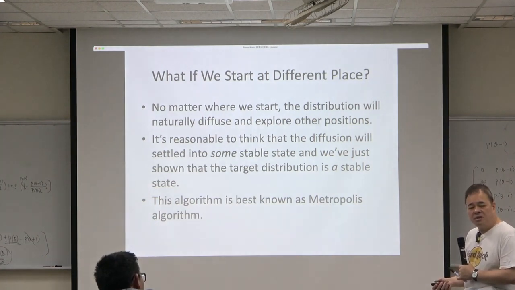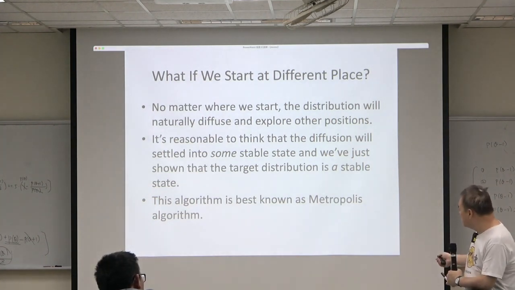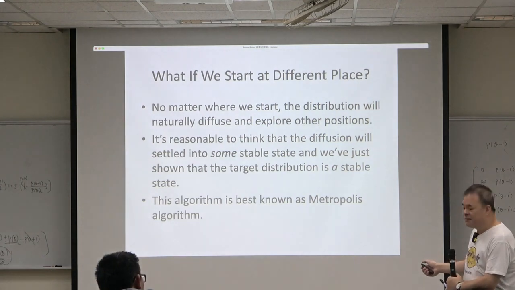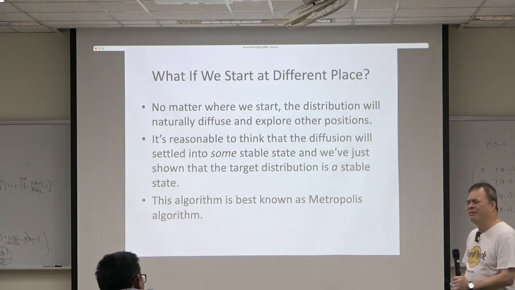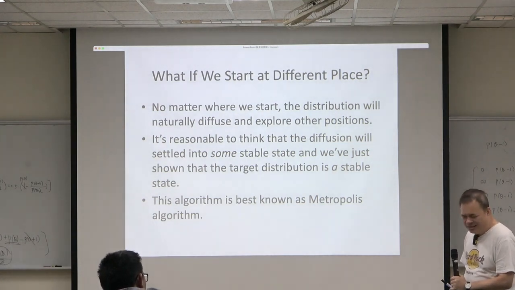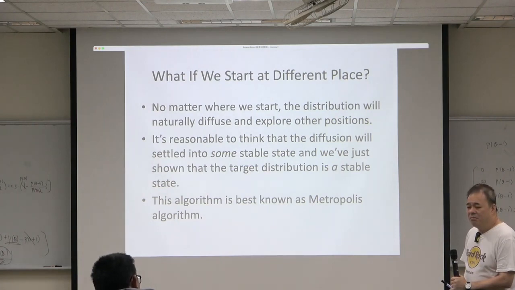Because we know that applying this matrix repeatedly is likely going to end up at a stable state, but we cannot be sure.